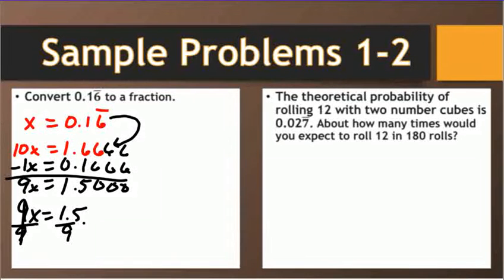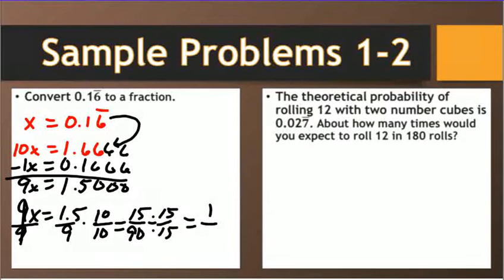To get rid of the 1.5, I need to multiply that by 10. Whatever I do in the numerator, I do in the denominator. So multiply that by 10 tenths, which would be 15 90ths. Then I can simplify. I can divide 15 90ths by 15 over 15. 15 divided by 15 is 1. 90 divided by 15 would give us 6. So our answer would be 1/6.